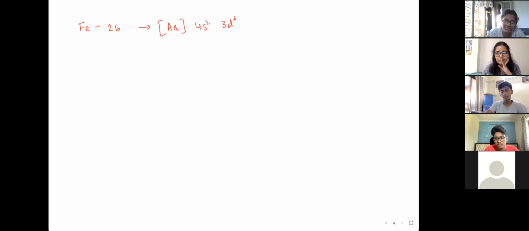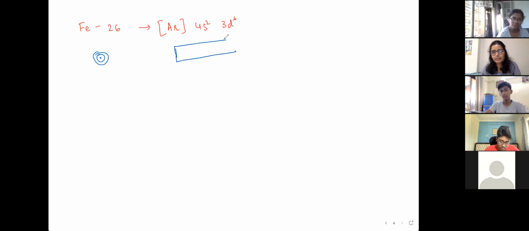So iska matlab, if you look at the iron atom, the inner electrons are completely filled, they're not going to be bothered. The ones that take part in bonding are the incomplete ones, which is going to be the 3d orbital. So you have 1, 2, 3, 4, 5, 6, and the 4s2 electrons.